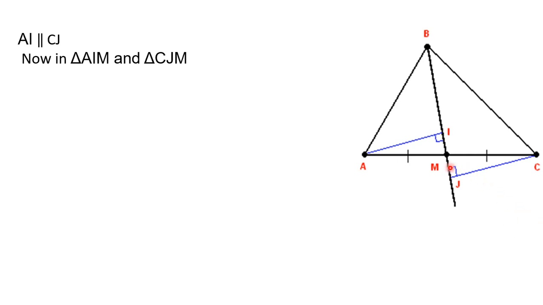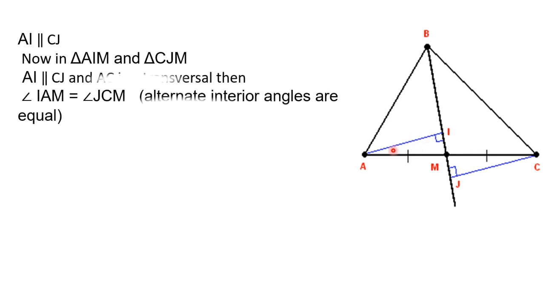Now we compare the two triangles AIM and CJM. In these two triangles, we have angle IAM equal to angle JCM. How is it? See, AI and CJ are the two parallel lines and AC is the transversal. So these two angles are alternate interior angles and they are equal.